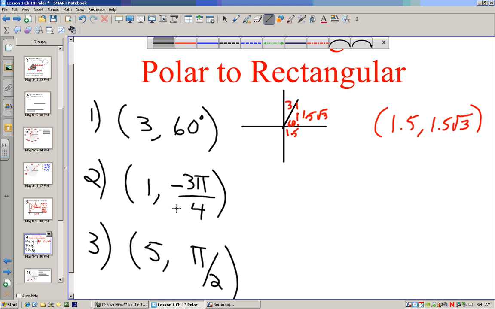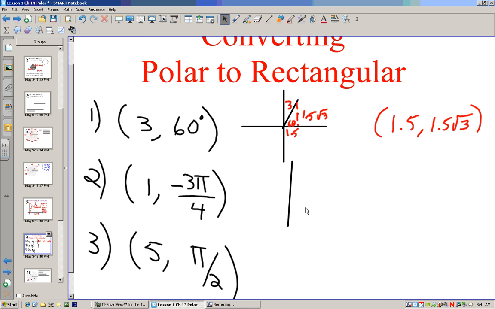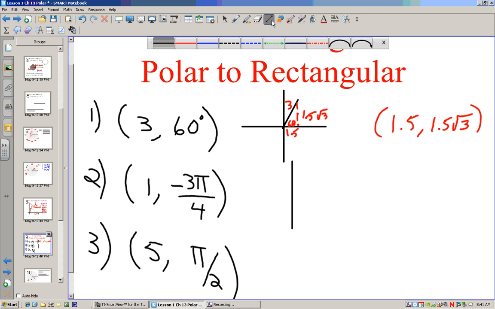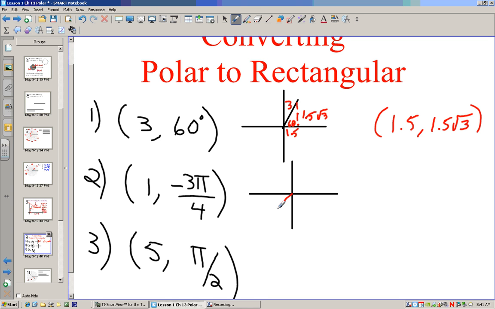If I would do this with this next one, 1, negative 3 pi over 4. Negative 3 pi over 4 is going to be down here.